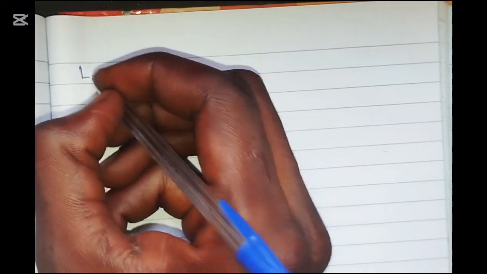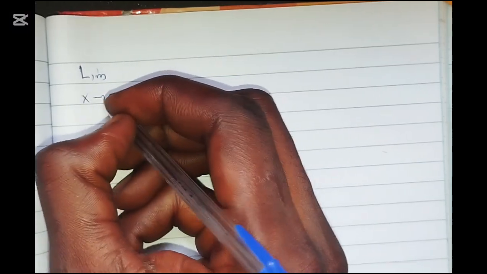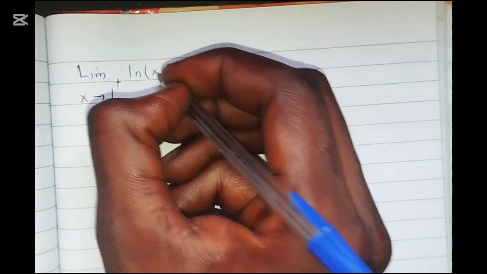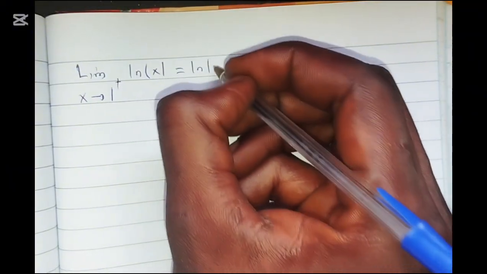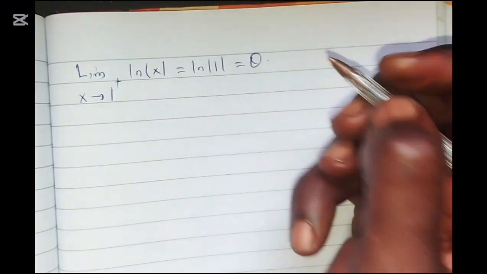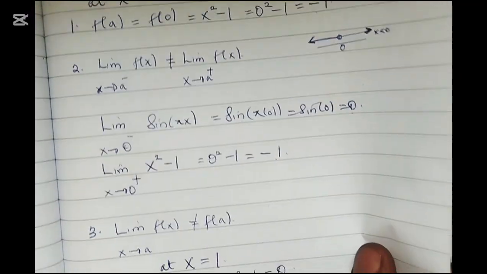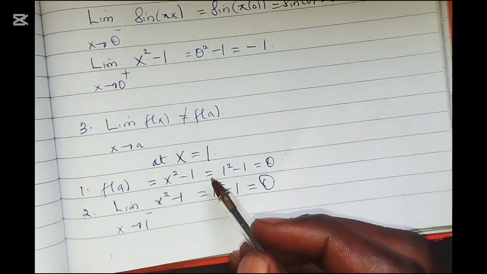So we have the limit as x approaches 1 from the right of ln x, which will be equal to ln 1, which is equal to 0. ln 1 is 0.